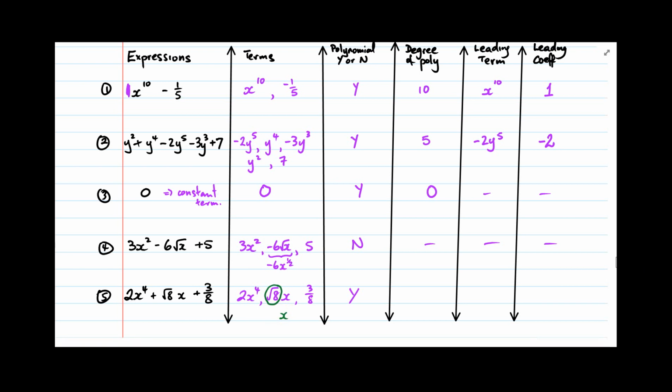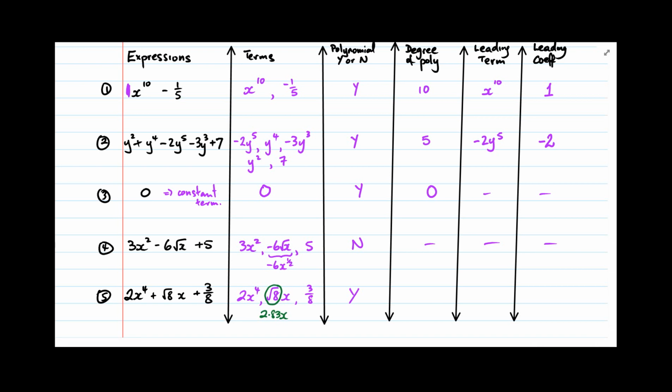You may remember that root 8 is an irrational number, and if we did an approximation to 2 decimal places, it would be 2.83x. So the coefficient of x is just a real number, and we're fine.